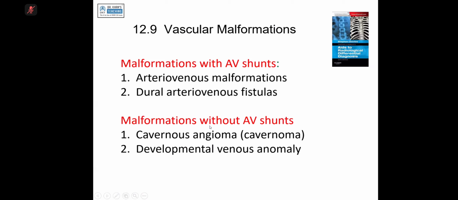Now, a quick recap about cavernomas or cavernous malformation. In the brain, vascular malformations: malformations with AV shunts, malformations without AV shunts. These are the types, and then cavernous angioma or cavernoma and developmental venous anomaly.